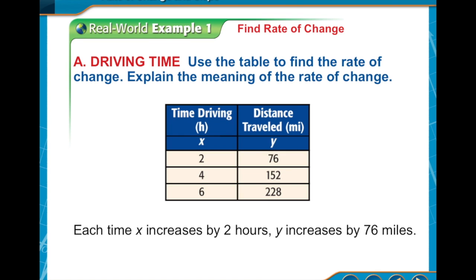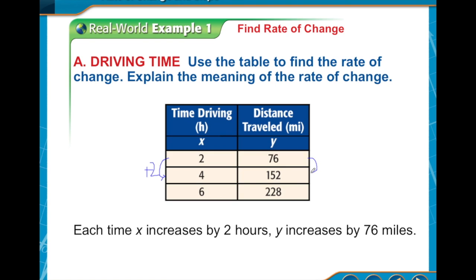So let's look at how those things are changing. Each time x increases by 2, our y's increase by 76 miles. So when we went from 2 to 4, we increased by 2.